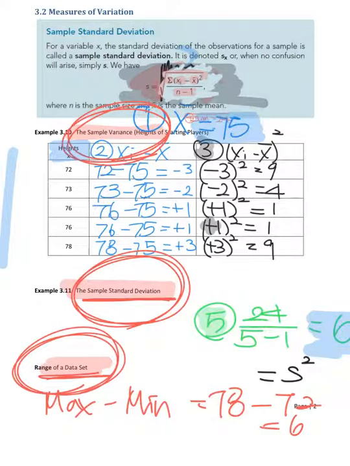We had a variance of 6. What is the unit for the variance? No, sorry, it's not inches. Squared inches. Why? In the middle of the steps, step number 3, we took the square.